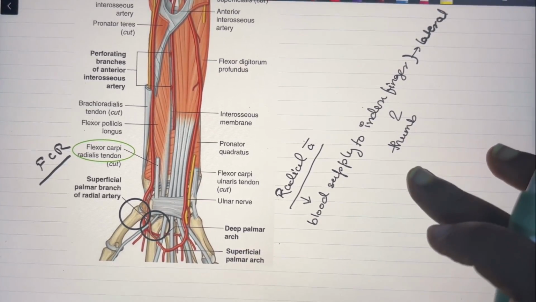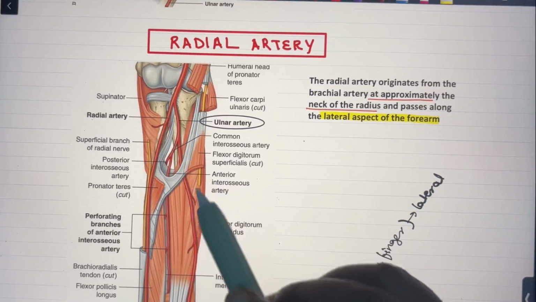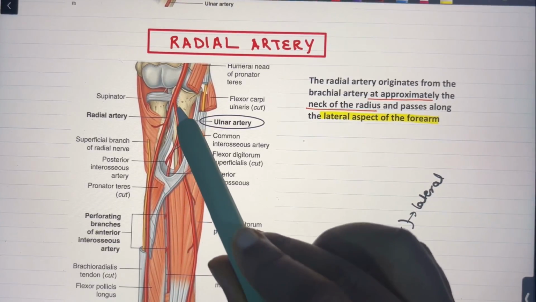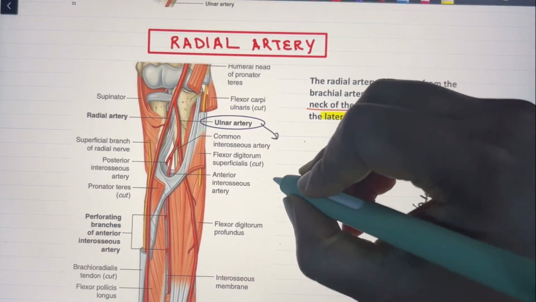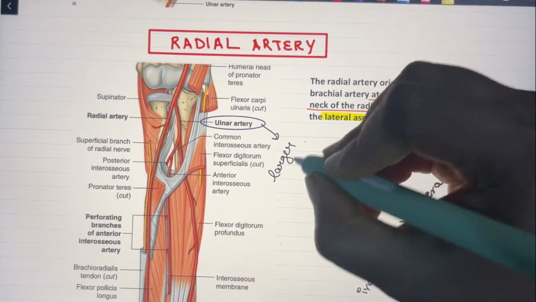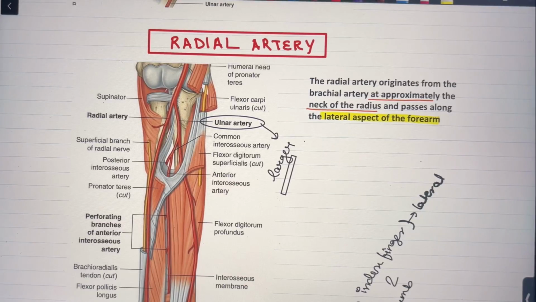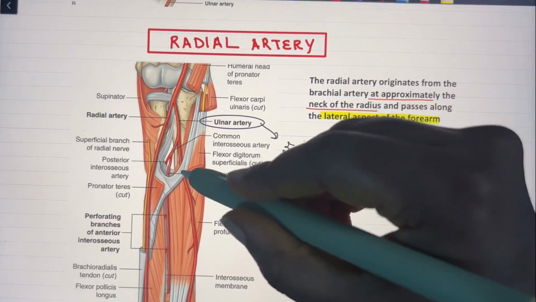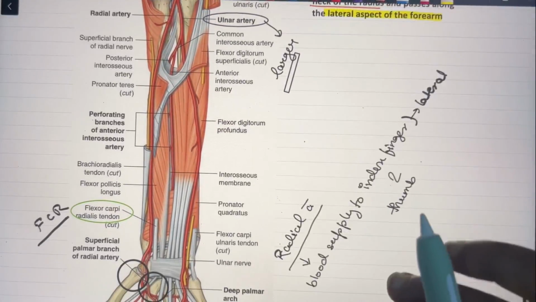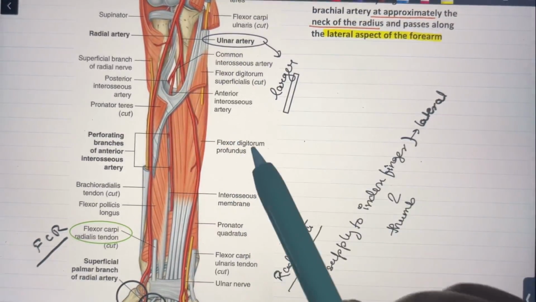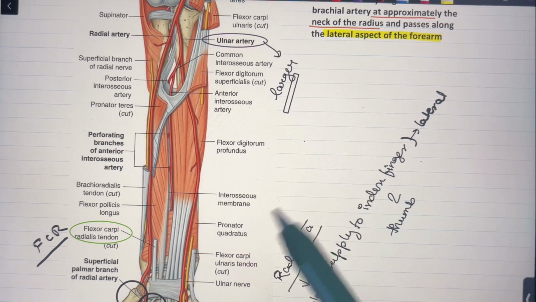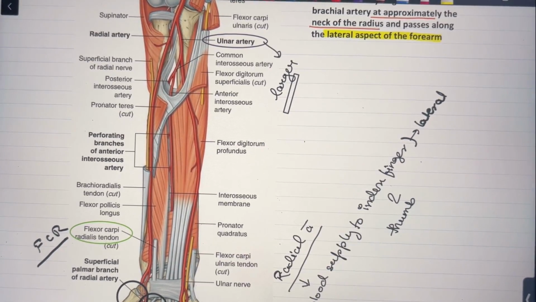Okay, now we will see the ulnar artery. This is the ulnar artery, the other branch of the brachial artery at the elbow joint. The ulnar artery is larger in size than the radial artery and passes down the medial side of the forearm and leaves the cubital fossa. Here is the cubital fossa, and it leaves it passing deep to the pronator teres muscle.